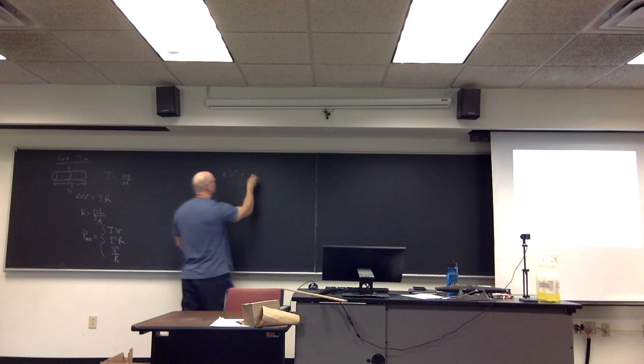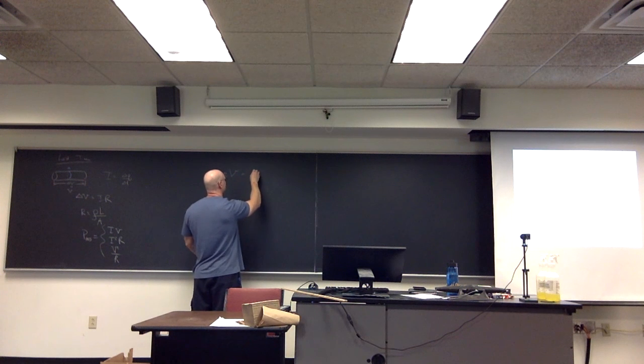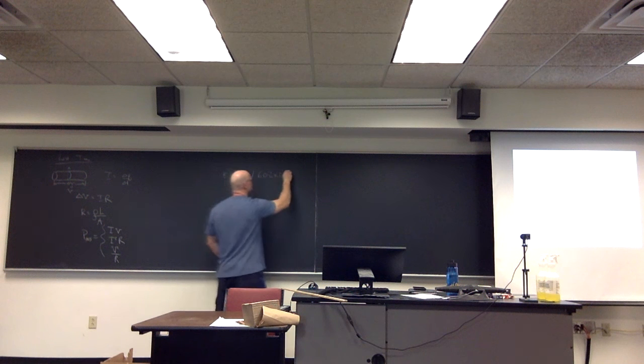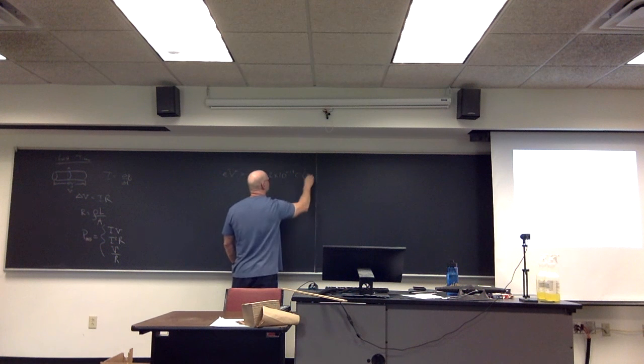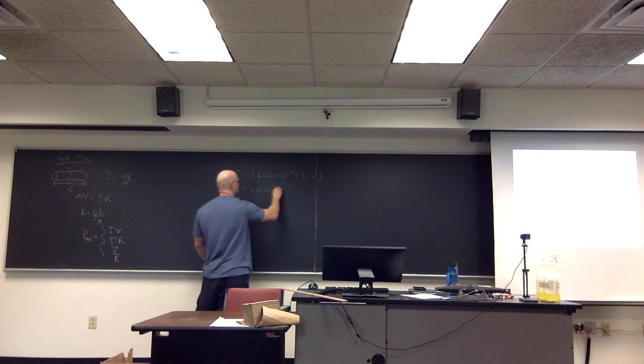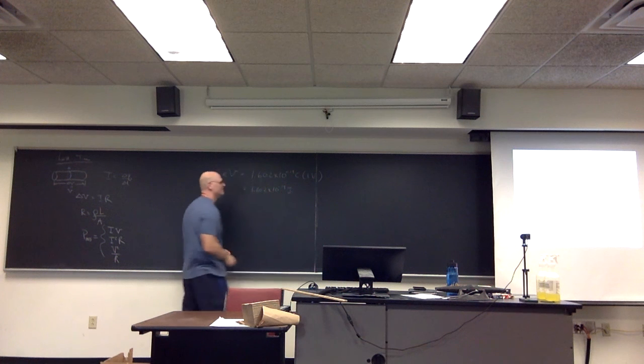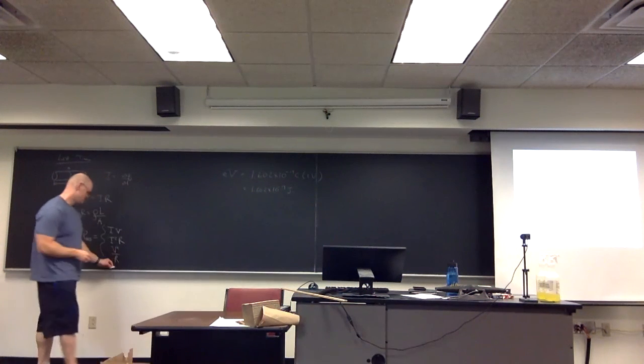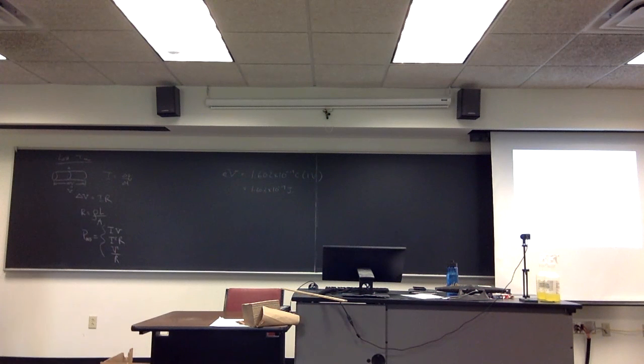Written in terms of other things, this is 1.602 times 10 to the minus 19 coulombs times a 1-volt potential, which is equal to 1.602 times 10 to the minus 19 joules. So every electron volt is 1.602 times 10 to the minus 19 joules.